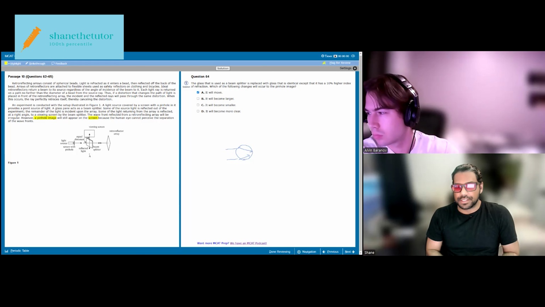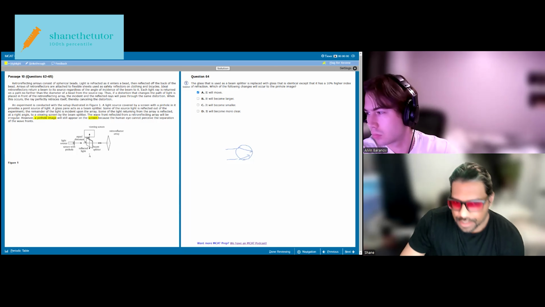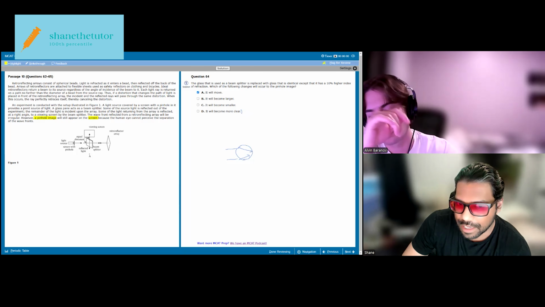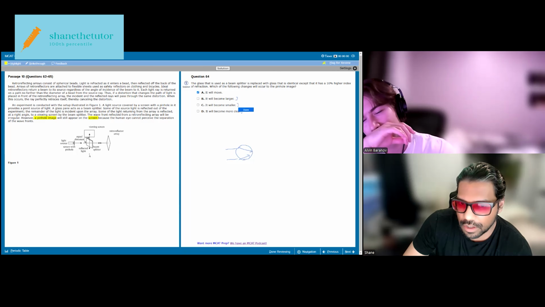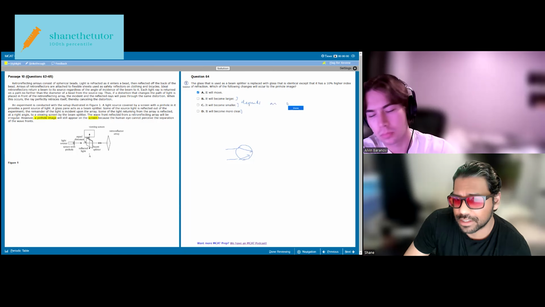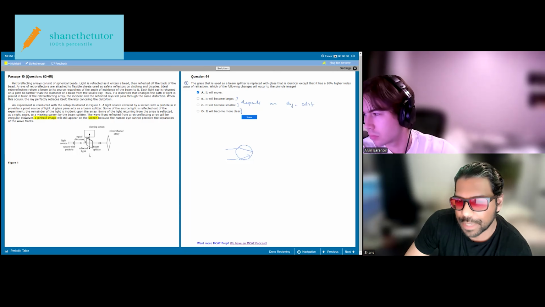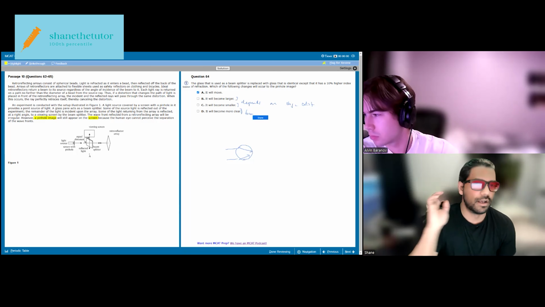Whether the image is larger or smaller all depends on object distance. Clear depends on light rays focusing at the same point.